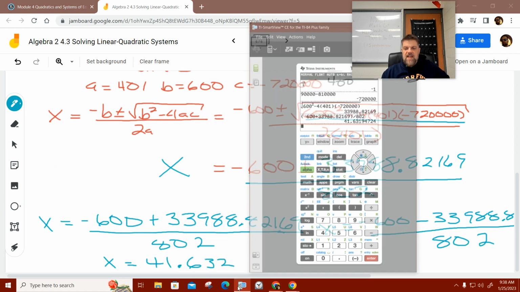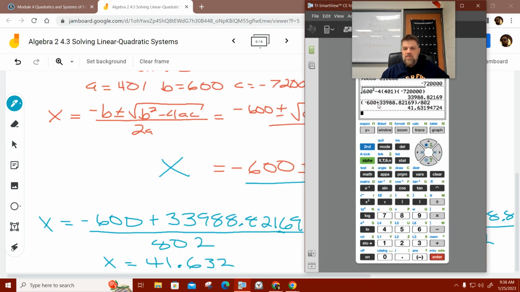Now I've got to do this again, but the only thing I'm going to do is change this plus symbol. So now here's a neat trick. If you hit second enter, it just copies and pastes the thing above. And I'm going to change this plus sign to a subtraction or minus sign.